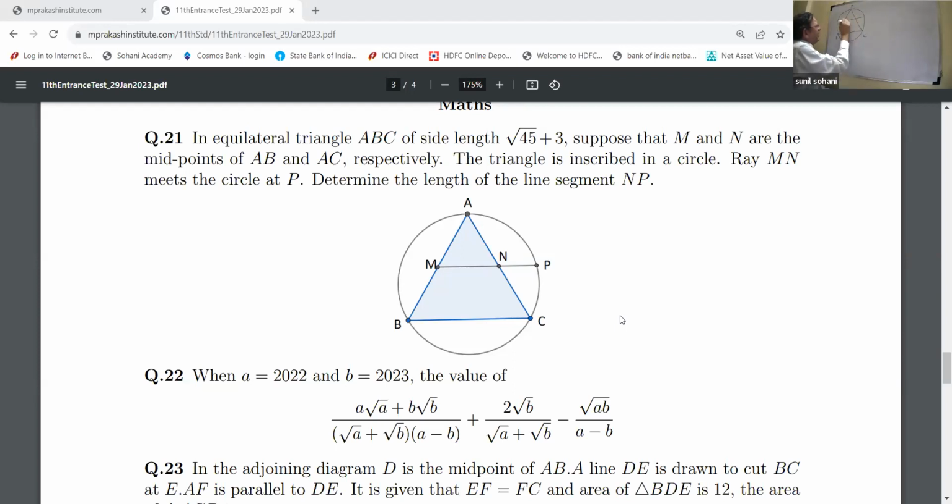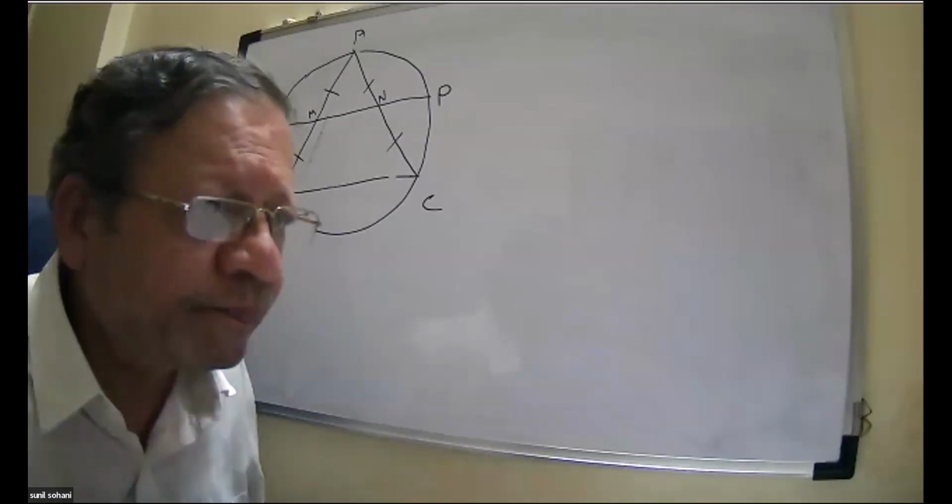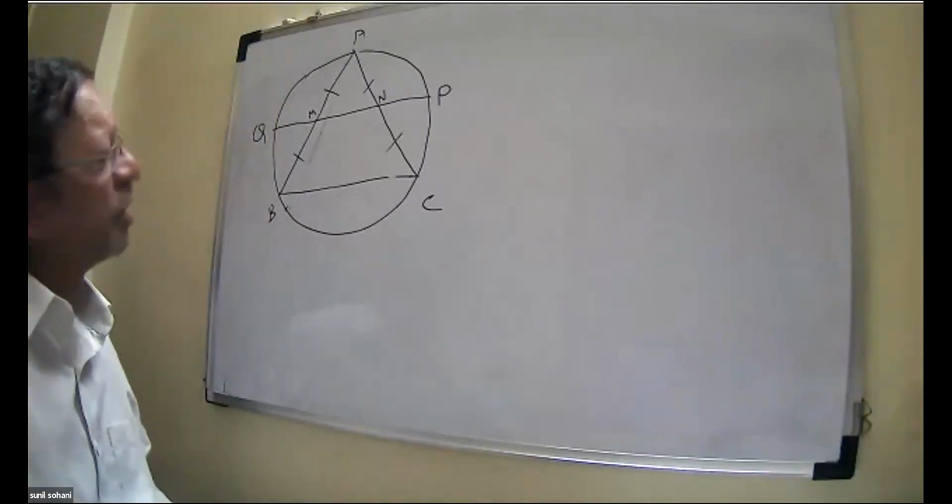I am extending the line behind also. They are midpoints, so they are equal in length. And this is MP. Let me call this side extended, the line PM meeting the circle at Q. Now I'm stopping screen sharing of the question, and this is my sketch.